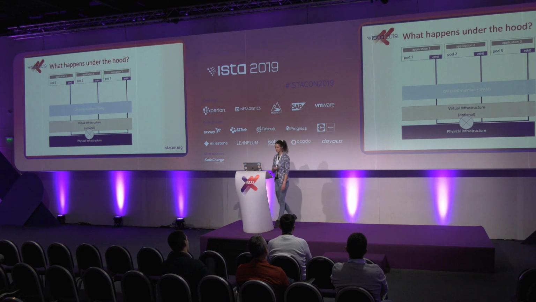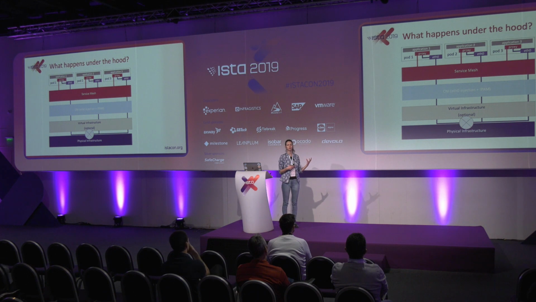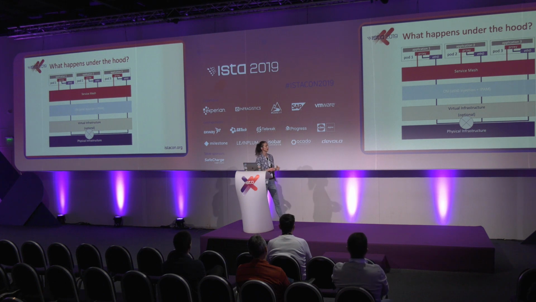And here, service mesh can help. It injects proxies. These are extra containers within your pods, with your applications. And their end goal is to provide all the features that we listed previously, like resiliency, security, and so on. And this is very briefly what the standard service mesh is.